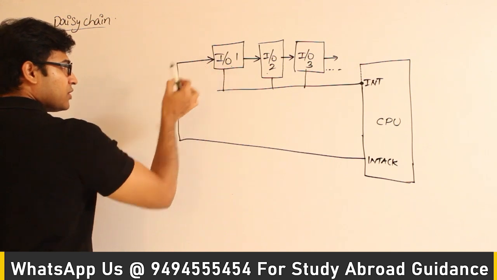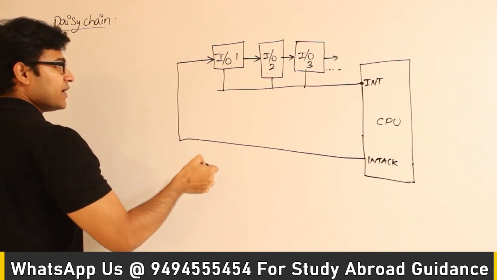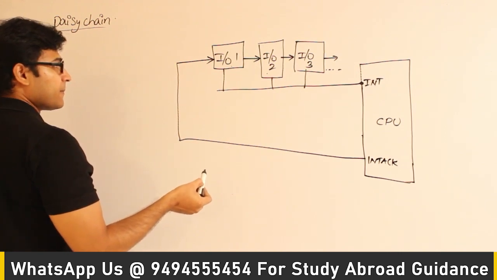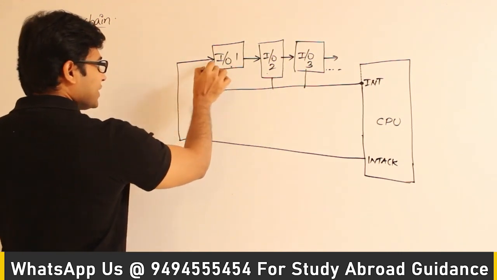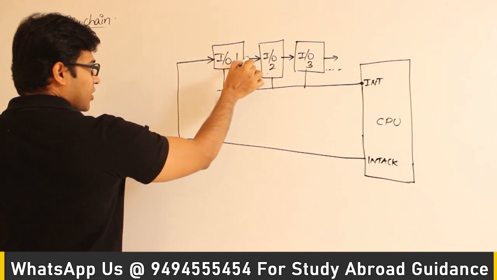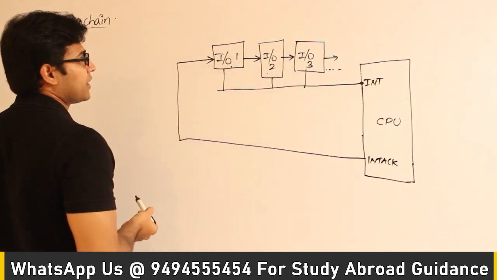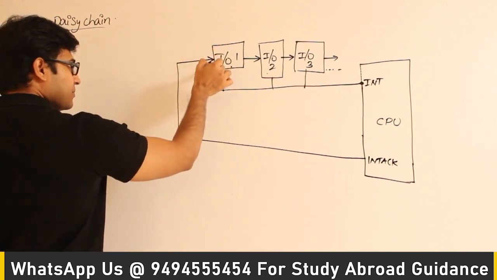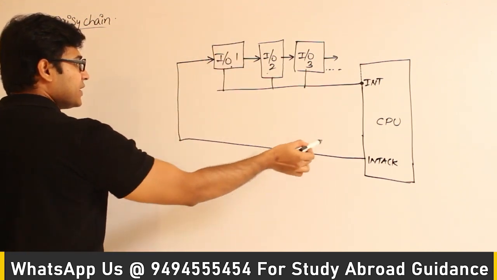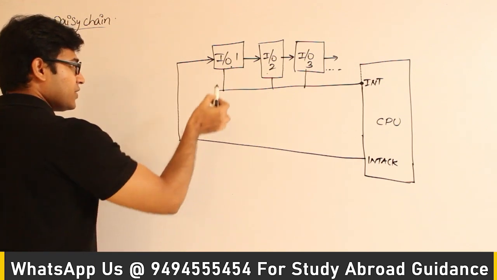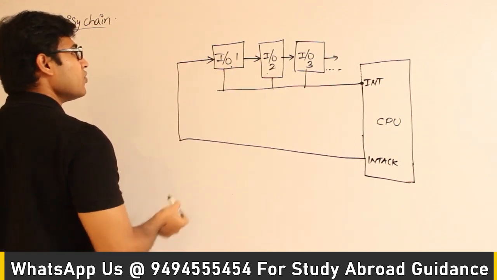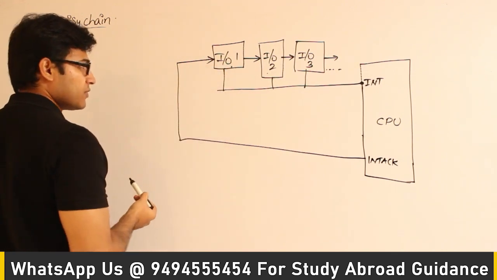In case IO device 1 is the actual device which has raised the interrupt, then that particular device will take up the signal and it will not give any signal here, right? Which means the device at the beginning is going to see the acknowledgement first, and if it is the one which requires service, it will eat up the acknowledgement. Therefore it is going to be served first.